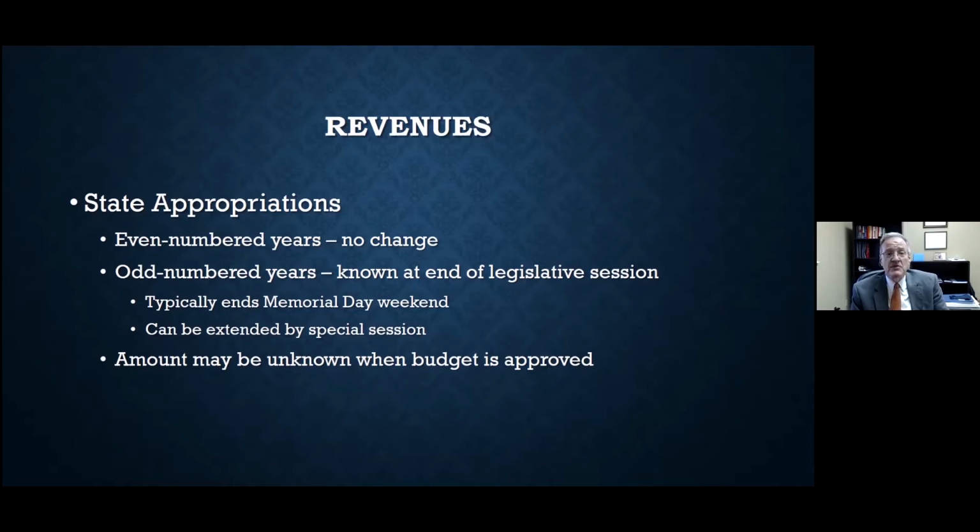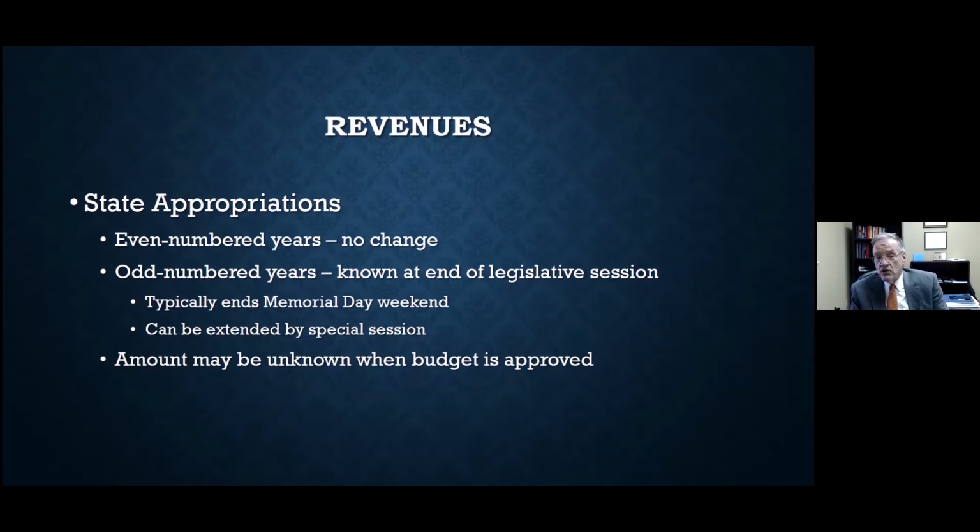But sometimes the legislature goes into special session. And when that happens, our appropriation gets drug out into the summer months. And we start, in some cases, pushing that July, August timeframe, and we're trying to get the budget completed by September 1. So sometimes that can be a concern for us.